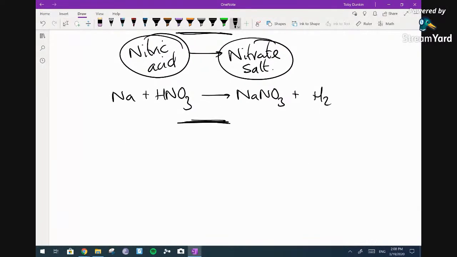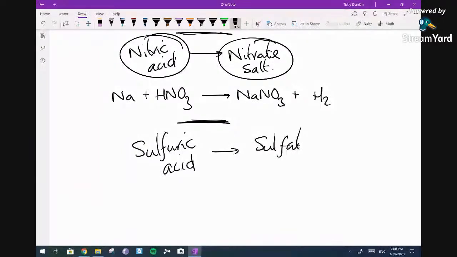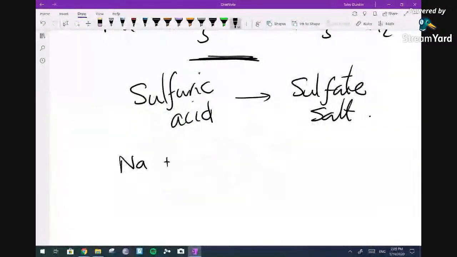Right. Once we've done that one, let's do sulfuric acid. Sulfuric acid is going to create a sulfate salt. Let's use an equation. Let's try and keep some continuity between the others. Metal plus acid, sodium plus sulfuric, and yes, you need to learn your acid formulae. It's going to form sodium sulfate.